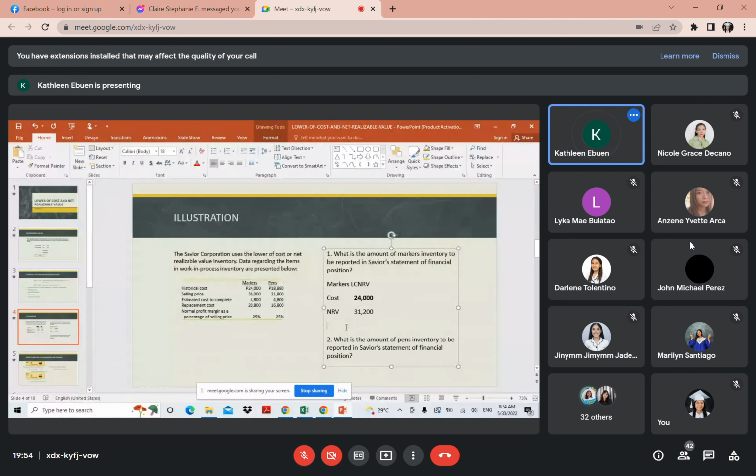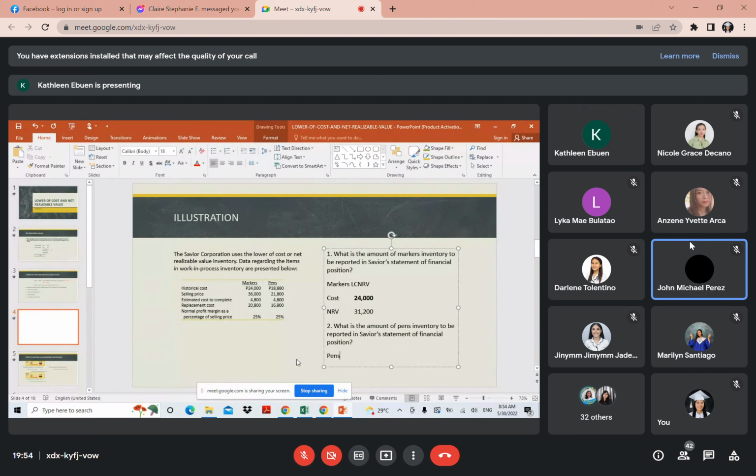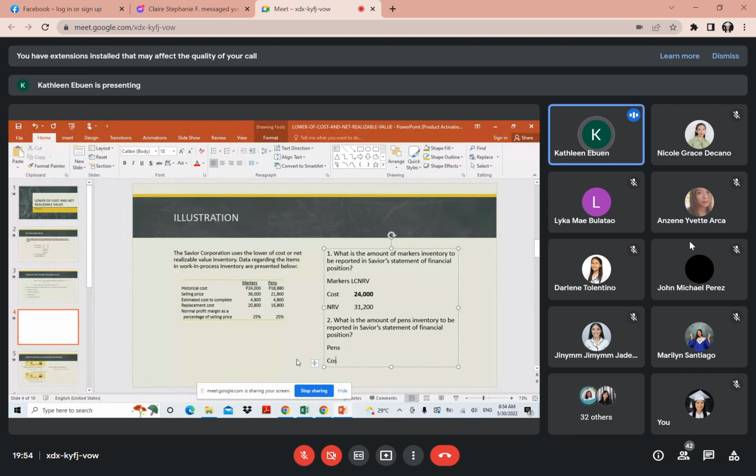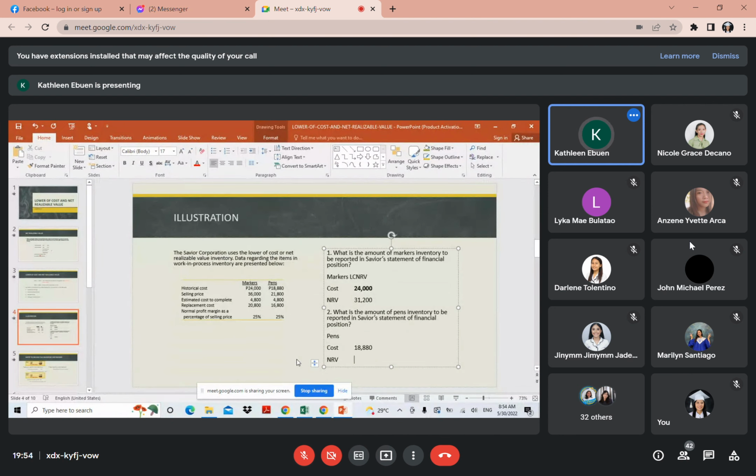Okay. How about kay pen? 17,000 po. Okay, 17,000. We have the cost of 18,880 and we have the net realizable value of 21,800 less 4,800.